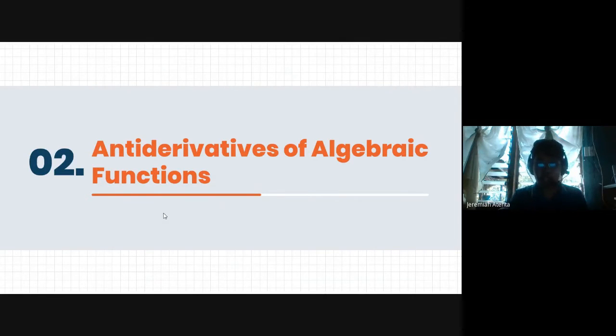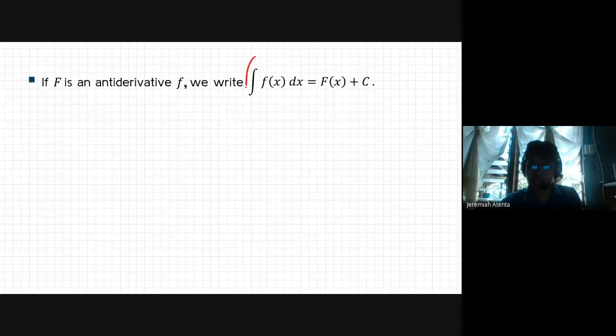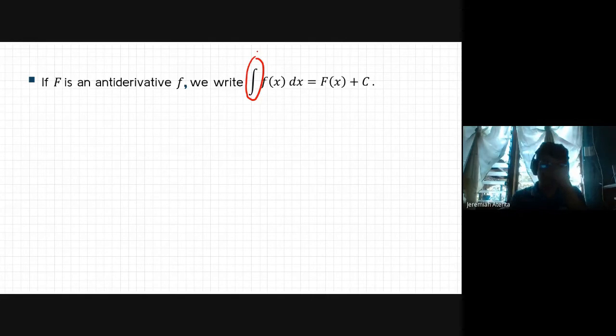But before those theorems, let's recall. So we have here, if F is an antiderivative of f, we write this one. So makikita na natin ngayon yung integral sign. Pag makakakita kayo nitong parang S, this is the integral sign.